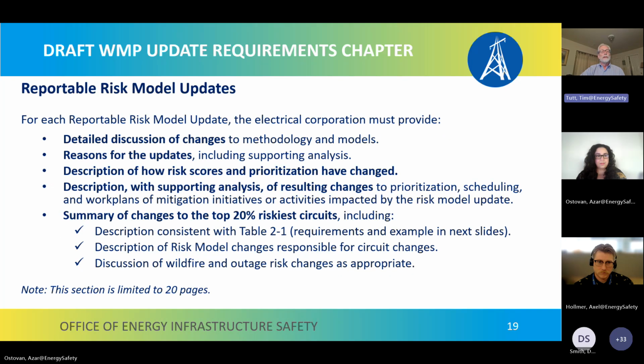Next slide. So for each reportable risk model update, the Electrical Corporation has to provide the information shown here: a detailed discussion of changes to methodology and models, the reasons for the updates, supporting analysis for those reasons, why we're doing this, the description of how risk scores and prioritization of risk have changed as a result of the updates, and a description with supporting analysis of the resulting changes to that risk prioritization, to the scheduling and work plans of mitigation initiatives or activities.